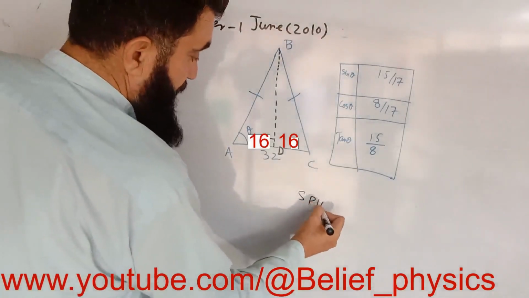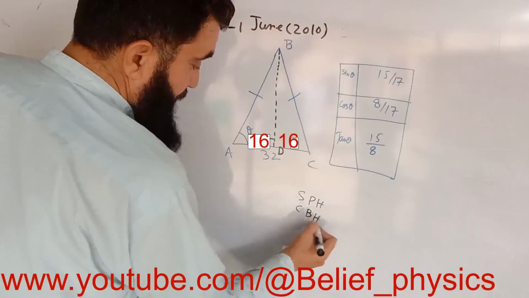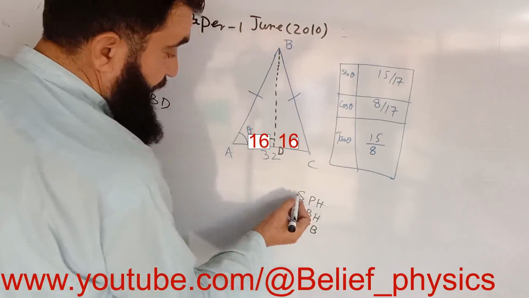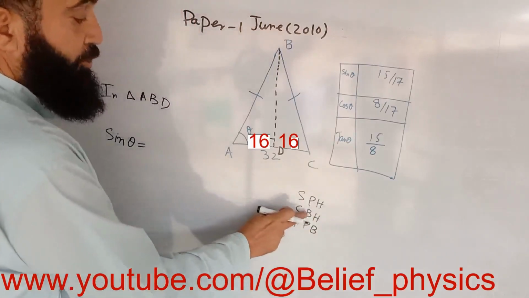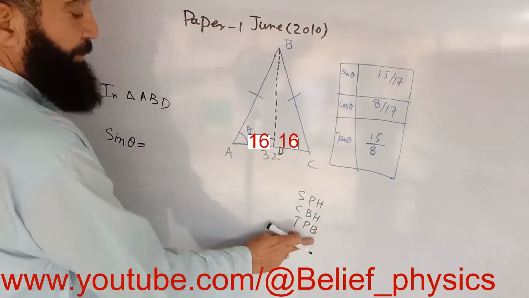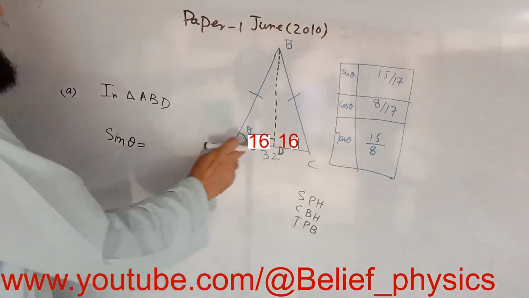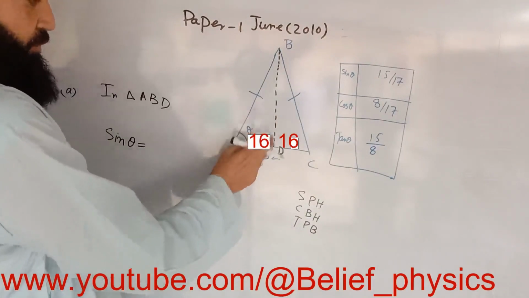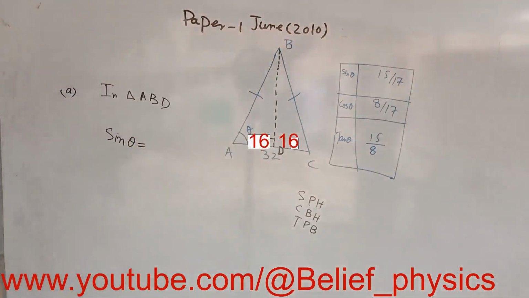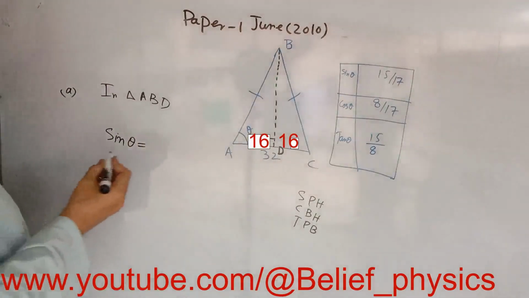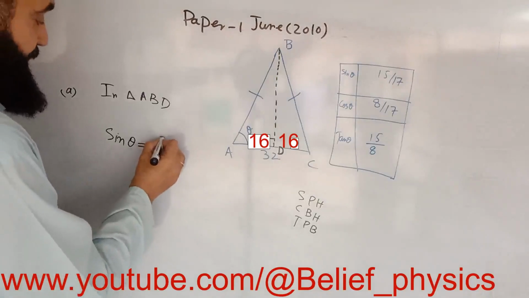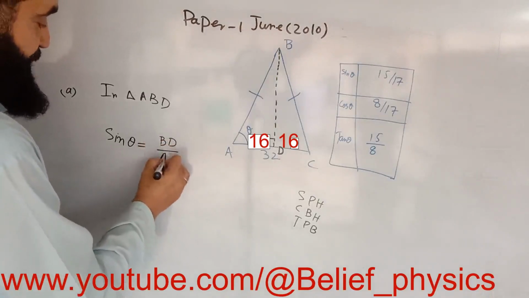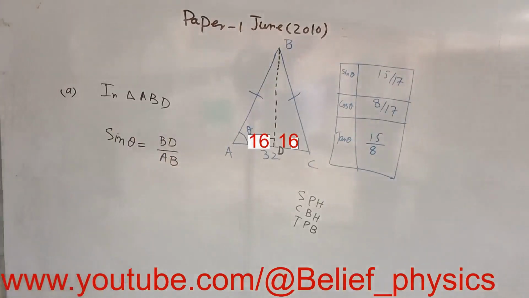Sine is equal to perpendicular over hypotenuse, cos is equal to base over hypotenuse, tan is equal to perpendicular over base. The side opposite to 90 is hypotenuse, the side opposite to theta is perpendicular. The remaining side will be base. So sine theta will be equal to BD over AB. Understand? Sine theta will be equal to BD over AB.